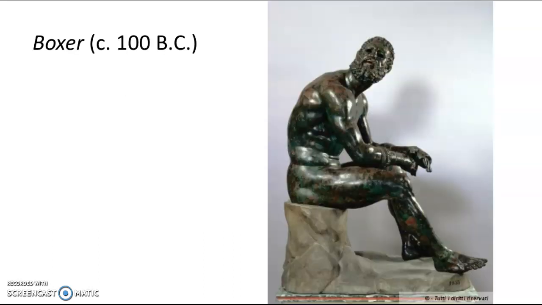This next piece is known simply as Boxer. The context or use for this statue is unknown, but it remains an important example of the harsh and sometimes exaggerated reality of Hellenistic art. The statue depicts a seated boxer, awkwardly twisting his head to look over his shoulder. His hands are wrapped in rough pieces of leather commonly used by Greek boxers.